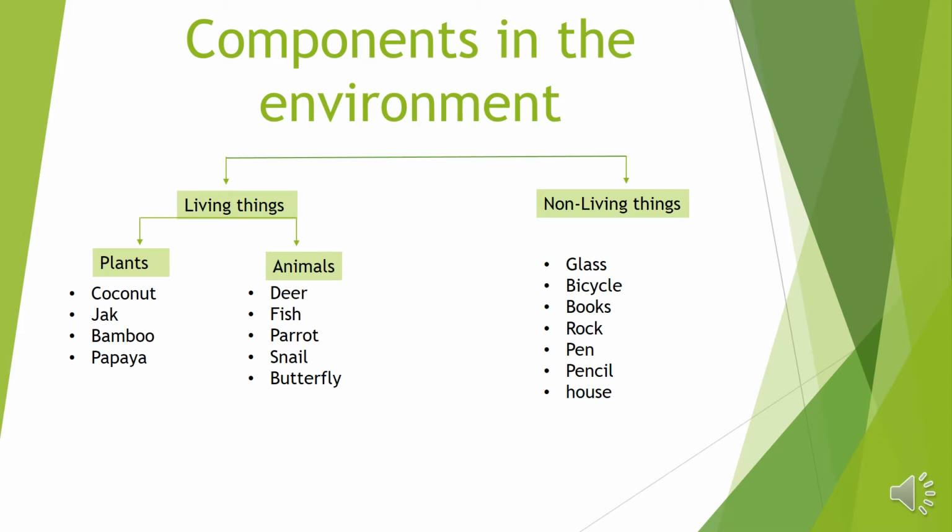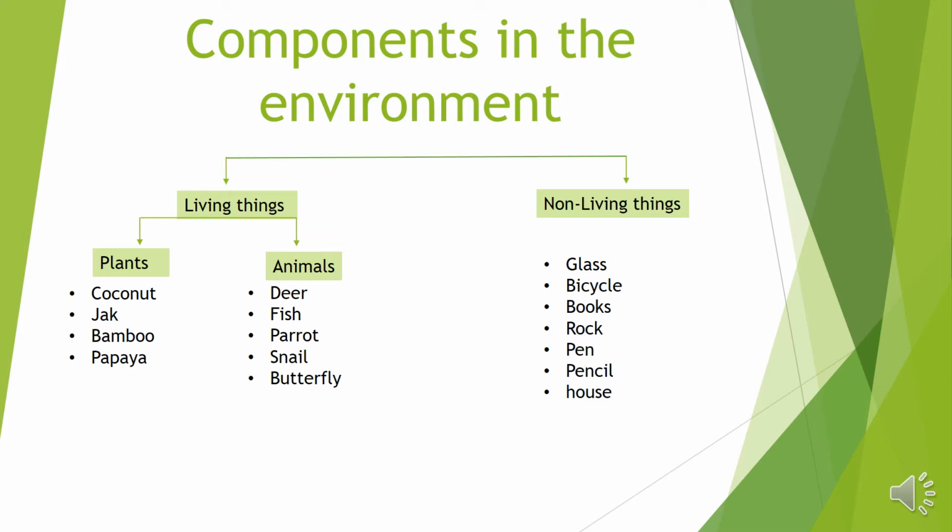For the moment, just keep in mind that the components in the environment are divided into two, living things and non-living things, and the living things are mainly divided into two, that is plants and animals. You already know what plants are. For example, you can take coconut, jack, bamboo, papaya.